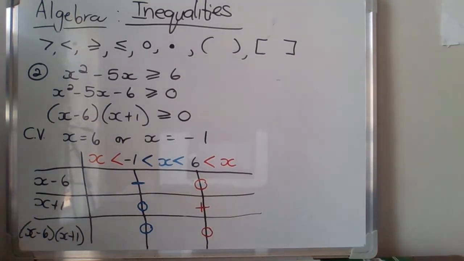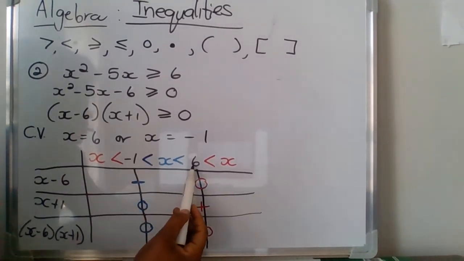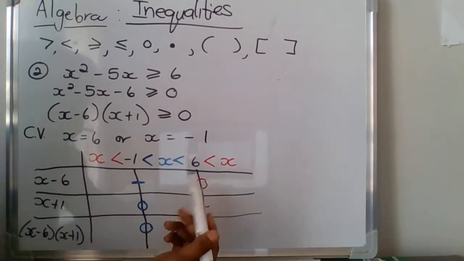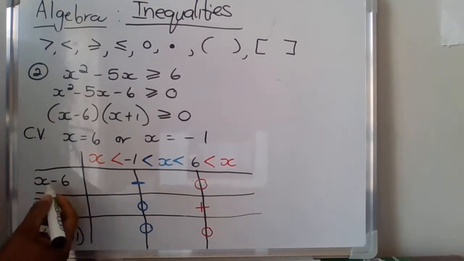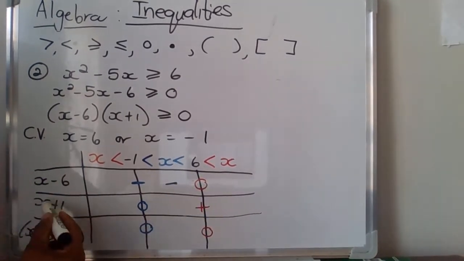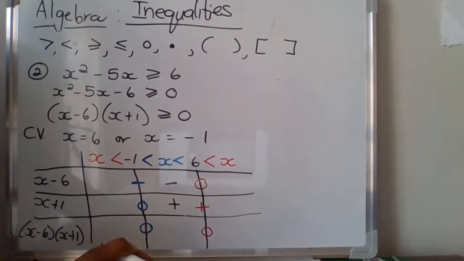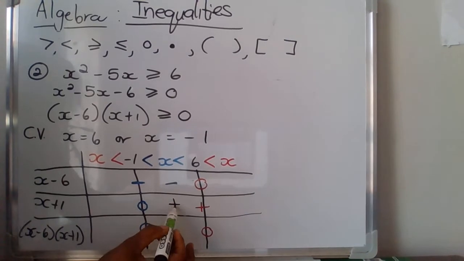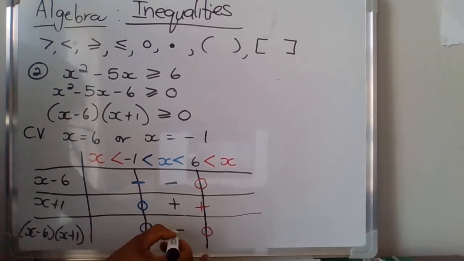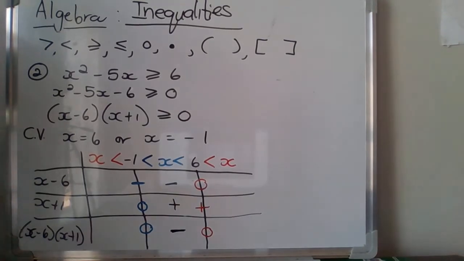Then we say, what happens in between the two, when x lies between -1 and 6? Let's choose 1 again. If I have 1 minus 6, I get a negative value. When I have 1 plus 1, I get a positive value. So when I multiply these two values, I'm going to get a negative value.